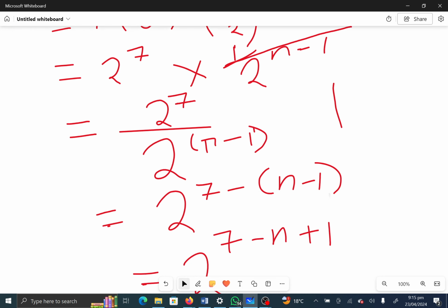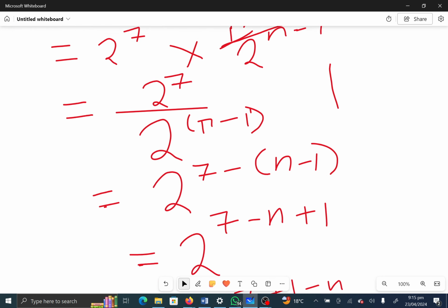Then the rule of indices is that when you have a common base in the denominator, once a power crosses from the bottom of the fraction to the top, it becomes a negative power.